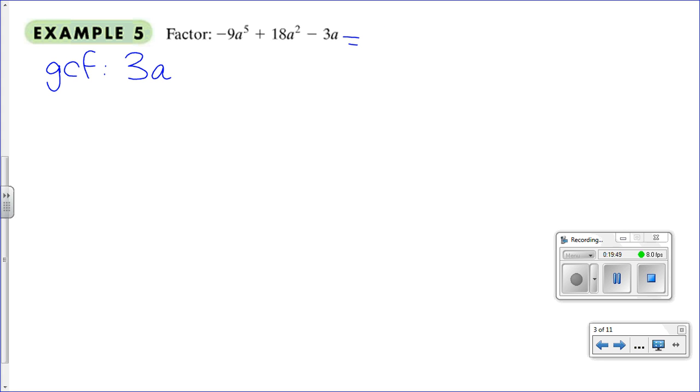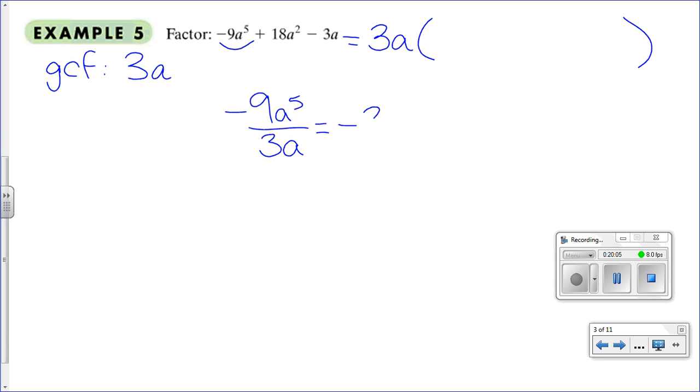So from here, I'm going to factor out 3a. From the first term, I have negative 9a to the 5th. Factor out 3a, so it's like I'm dividing by 3a. So it will be negative 3 to what a to what power? 4. So remember here, a to the first power, you subtract the exponent. This term here will go here. There's a negative.